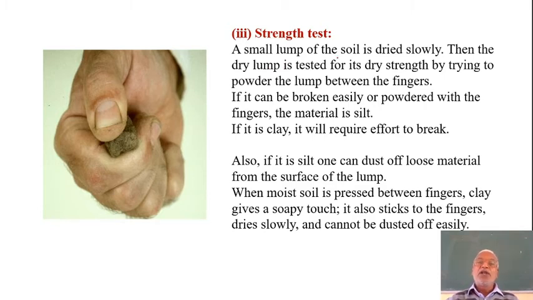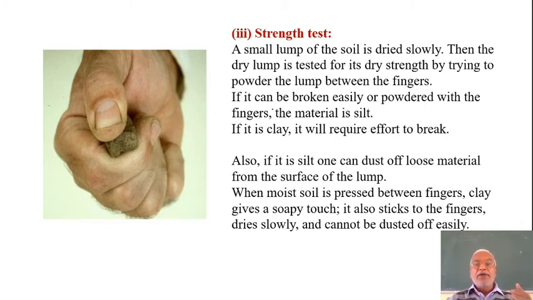A small lump of soil is dried slowly. Then the dry sample is tested for its dry strength by trying to powder the lump between the fingers. Means first of all you have to take the soil, sprinkle some water or mold it and then dry it first of all, and then the same lump of soil is picked up and then try to squeeze it.